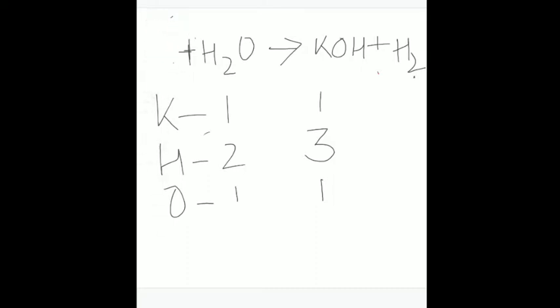That is 2K, right? And when we put 2K, that means this, and we balance this also. It becomes 2 and this also becomes 2. Then O changes to 2 now, and hydrogen changes too.